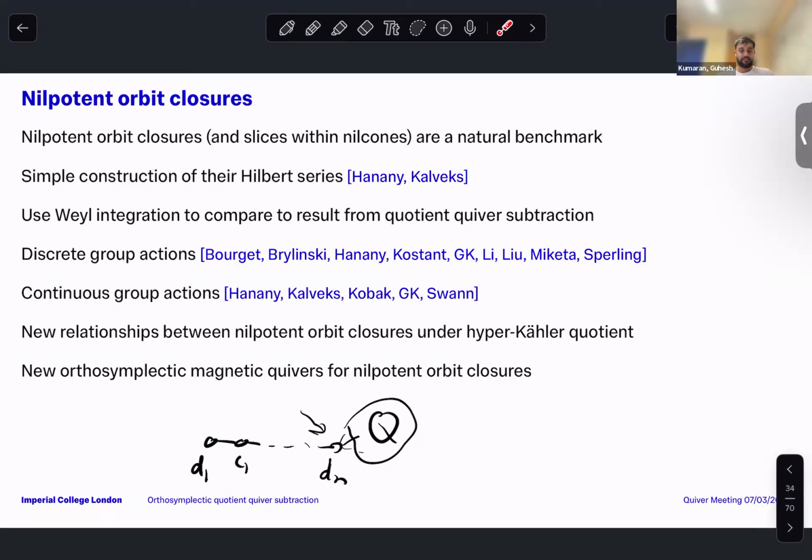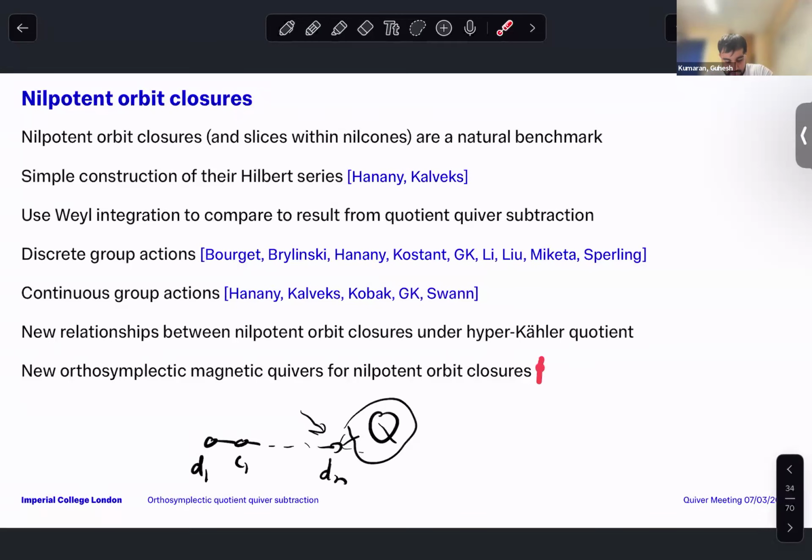Here, the action of a discrete symmetry is on a moduli space, and then its natural extension to some continuous group action gives you some new relationships between nilpotent closures, in this case under hyper-Kähler quotient. These are just new results that I don't think have been particularly well documented in the maths literature.